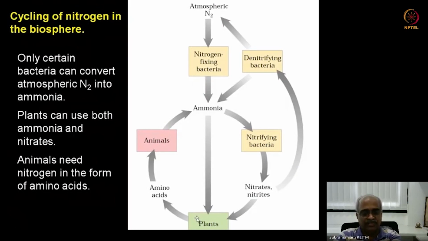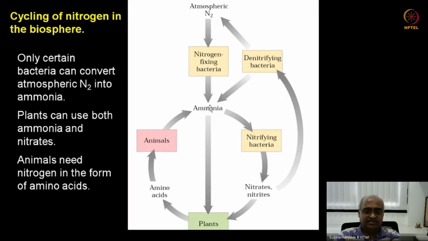And from plants, in the form of amino acids and nucleotides, animals get them. And animals produce ammonia again, like this is what is excreted through urine, either in the form of urea or uric acid, depending on which group of animal you are.